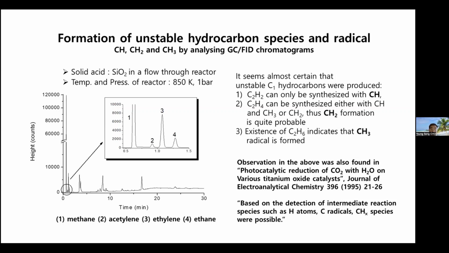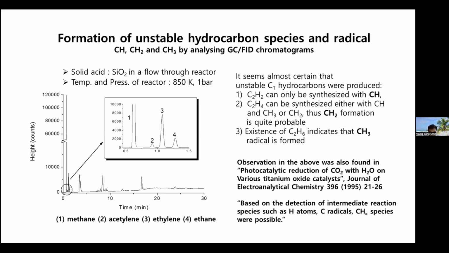It is very important to explain the mechanism of how hydrocarbons are made on solid acid. As seen in this GC chromatogram, acetylene, ethylene, and ethane were synthesized in the process of reaction.